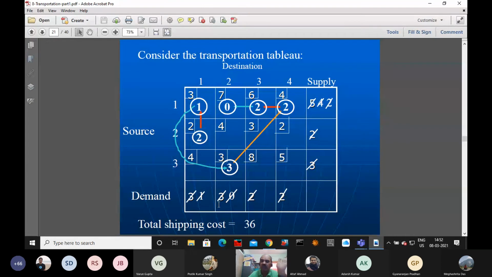So at a time you can allocate only 3 units. Either the row or the column, we are dropping the row. We have allocated 3, and once you have taken these 3, that is 0. At a time we cannot cross out 2, one row and one column. Only one of them you can drop.